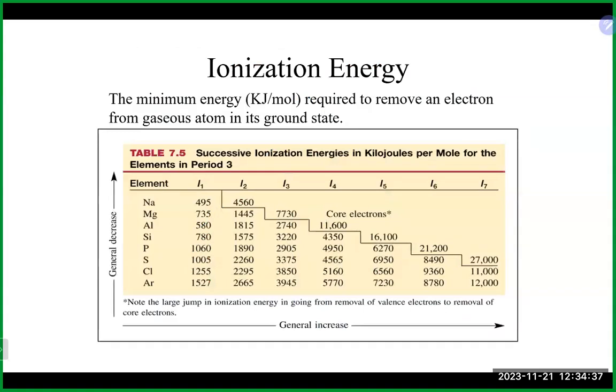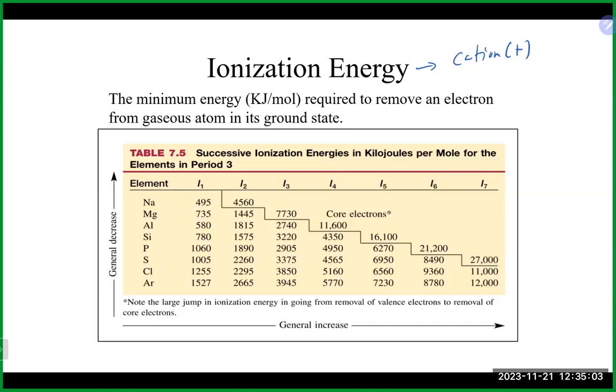Ionization energy is the energy required to remove an electron from the gas phase. When we remove electrons, we make cations as a result, which are positively charged ions. And when we do remove electrons, they are removed one at a time, so they don't all just drop off.